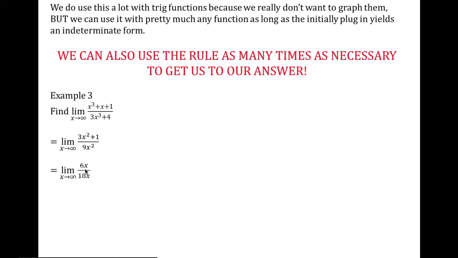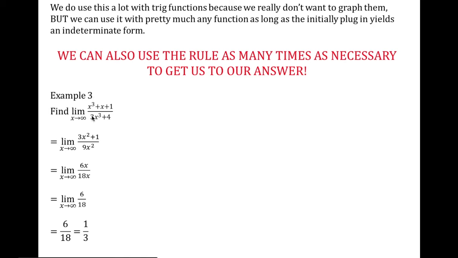But just for the sake of argument, I'm going to show you that you could take the derivative another time, and the derivative of 6x is 6, the derivative of 18x is 18, and now again the limit of a number is just a number, and that number simplifies to 1/3. Now, this was just an example to show you how to use L'Hopital's rule 1, 2, 3 times to get to an answer. You're totally allowed to do that.